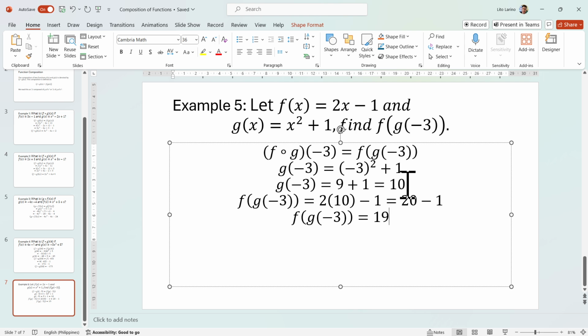And then, we will substitute 10 into our f of x. That is, f of g of negative 3, where g of negative 3 is 10, is equal to 2 times 10 minus 1. And we have 20 minus 1 is 19. F of g of negative 3 is equal to 19.